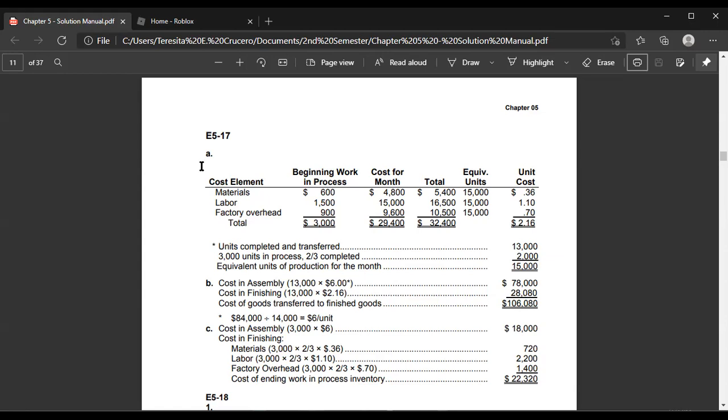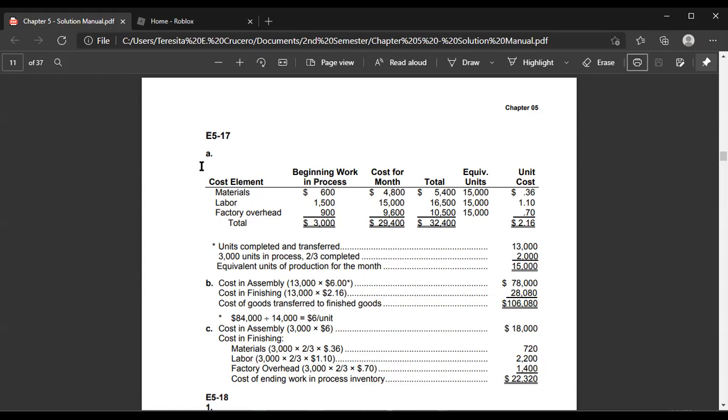Now the cost in assembly, we have 3,000 times 6. So you now get the cost in finishing. For 18,000, we are given the cost of 18,000. From here, the cost in assembly is taken by multiplying 3,000, the ending inventory, times 6, taken from here. So we have the 6 per unit.